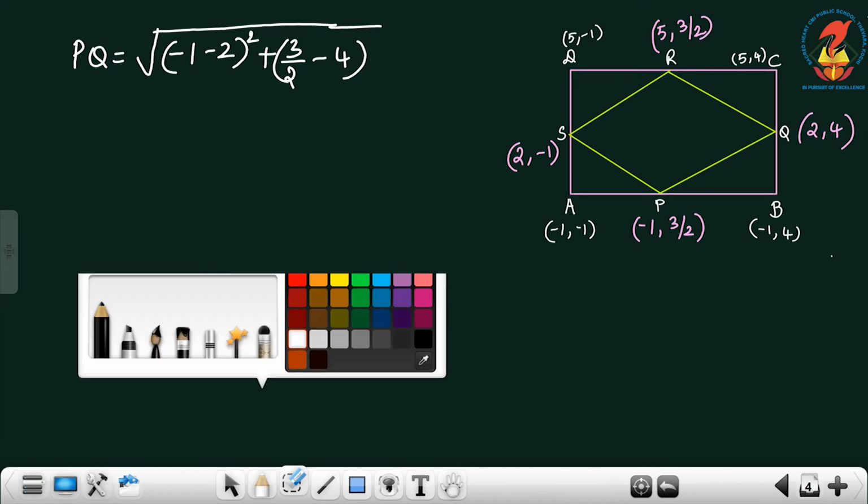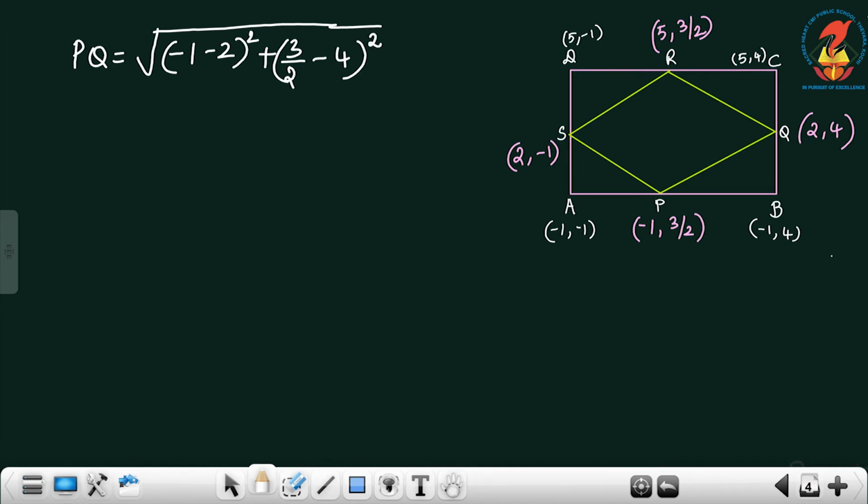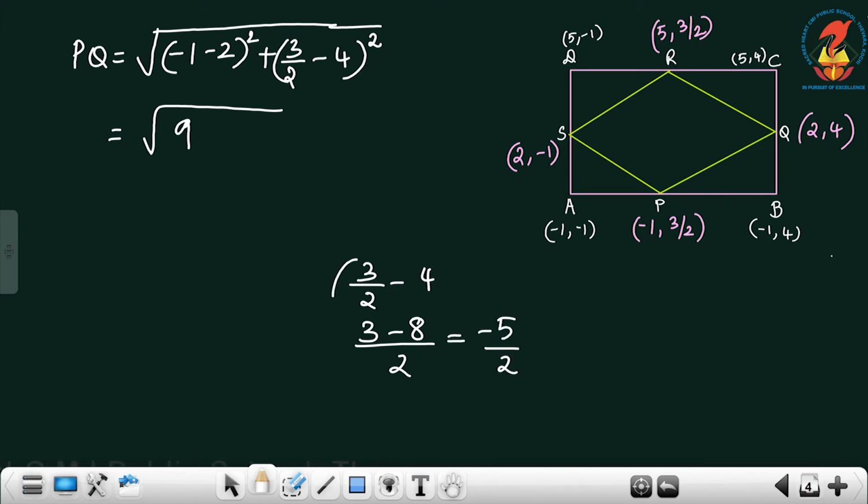It is square, which is equal to -1 minus 2, -3. -3 whole square, 9. 3 by 2 minus 4. When you take the LCM, 3 minus 8 by 2, which is equal to -5 by 2.